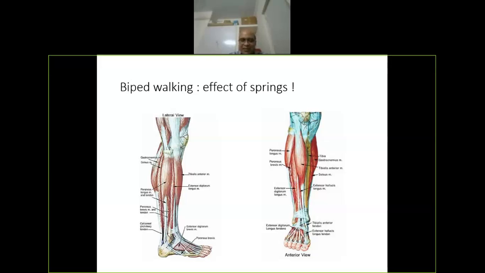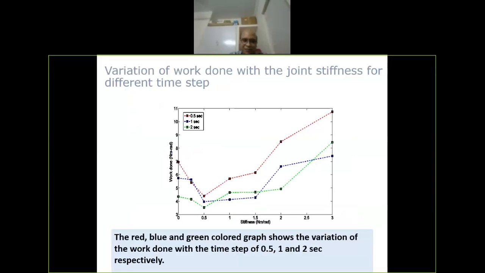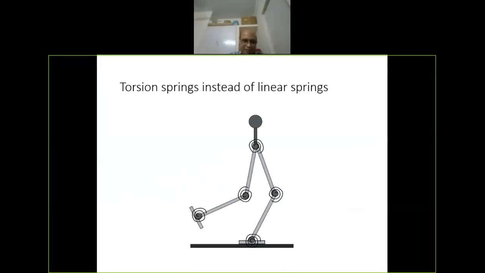Which means that the stiffness I was talking about cannot be a constant stiffness, so it has to be a variable stiffness. And in the human leg, our stiffnesses are variable. Biological systems can change their stiffness depending on whether we are on single leg stance, double leg stance, or leg in air. Whereas for a mechanical system, the moment I put a mechanical spring, the stiffness gets fixed. You can't change it now.